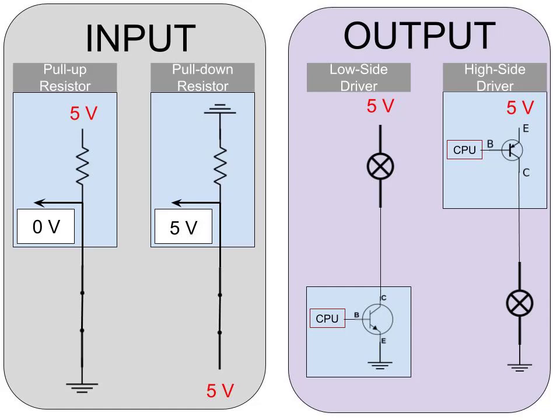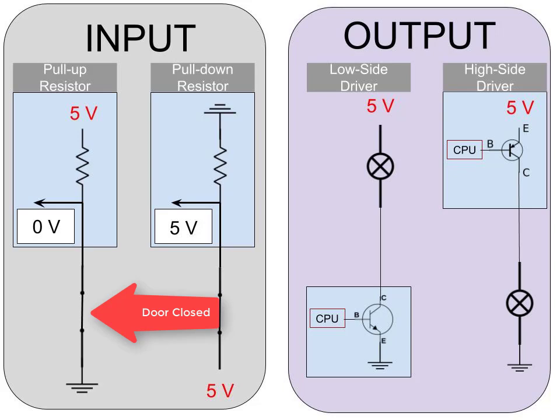So let's walk through an example scenario. So I have an input. In this case, we'll call it the door switch. And so we're actually going to start with the door in the closed position, because when the door is closed, we want the light to not be on. Let's call the light just the interior light of the vehicle. All right, so my door is closed, so my switch is closed.